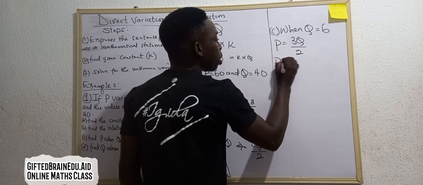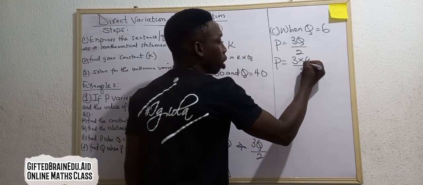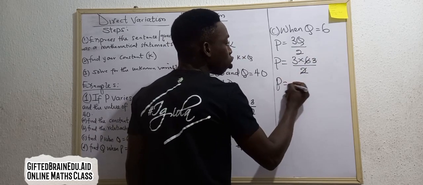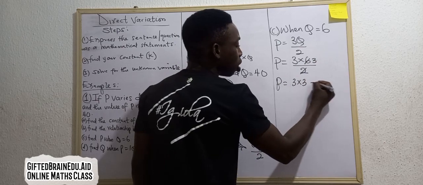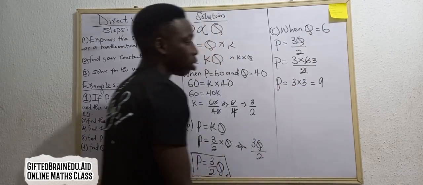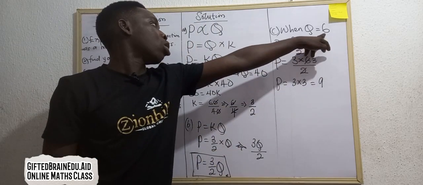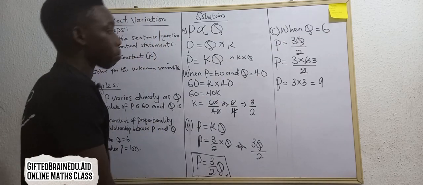That means P equals 3 times 6 over 2. Dividing 6 and 2 by 2, we get 3 times 3, which is 9. So P equals 9 when Q equals 6. You can see that as Q is increasing, P is also increasing.